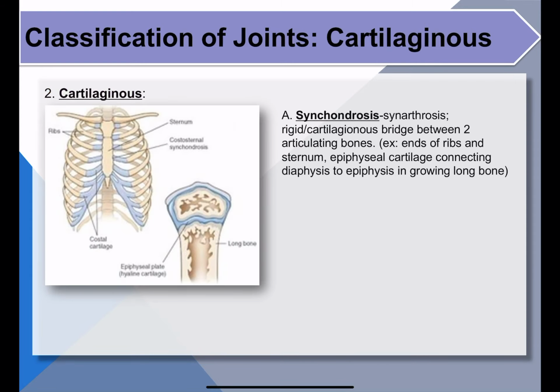So the first specific subtype of cartilaginous joint is called the synchondrosis joint. Now, an easy way to remember this as cartilaginous is chondro. Remember, the cells of cartilage are called chondrocytes. So if you see chondro again, that automatically tells you, okay, this is a cartilage-related thing.